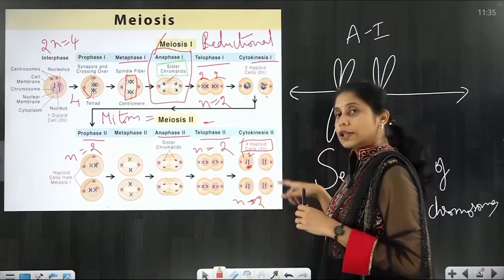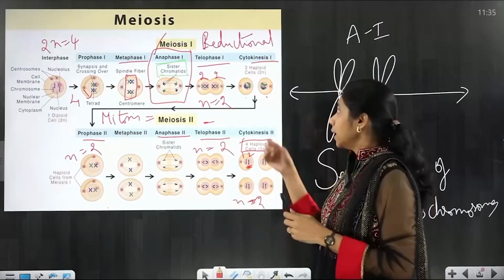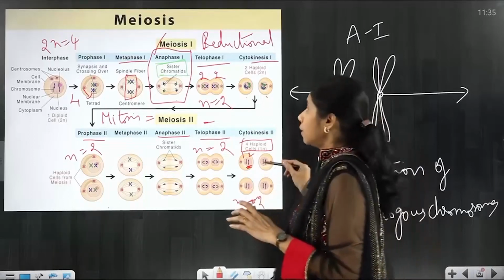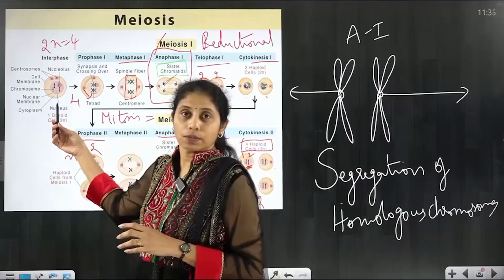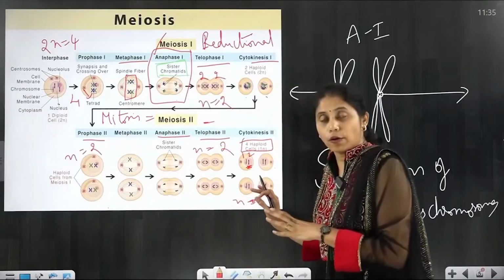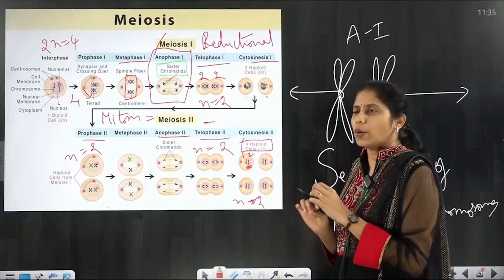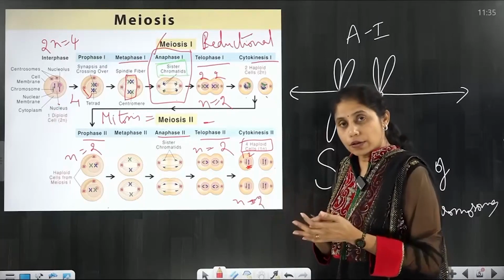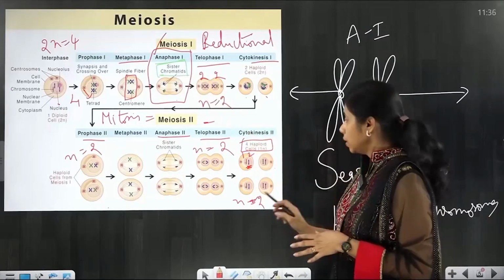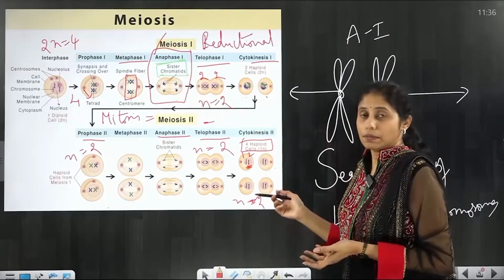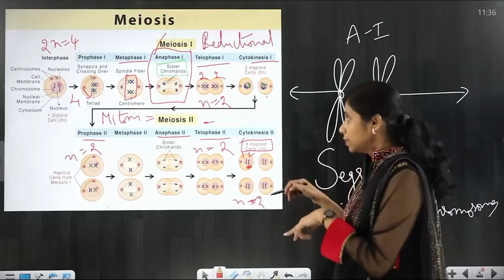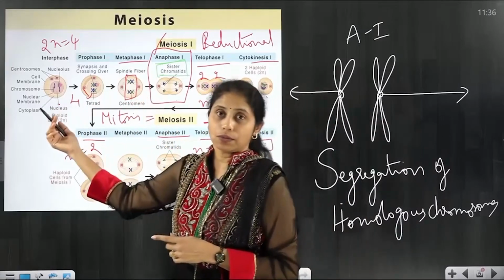But here all these 4 are different because they exchange their genetic material, because of the crossing over. So whatever daughter cells are formed, they are qualitatively and quantitatively totally different. Quality wise also different, quantity wise also different, because we started with 4, these got only 2.